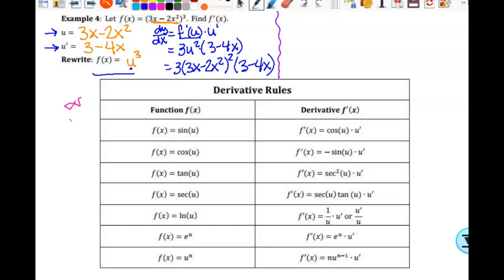Any questions about where anything came from? This 3 right here, it came from this, which is the derivative of this. And then I just went in and substituted in for u squared, and that just kind of was along for the ride. Good question. What else you got?